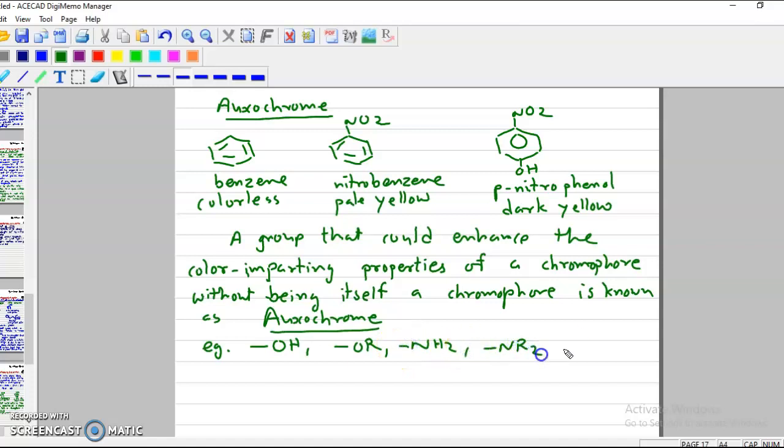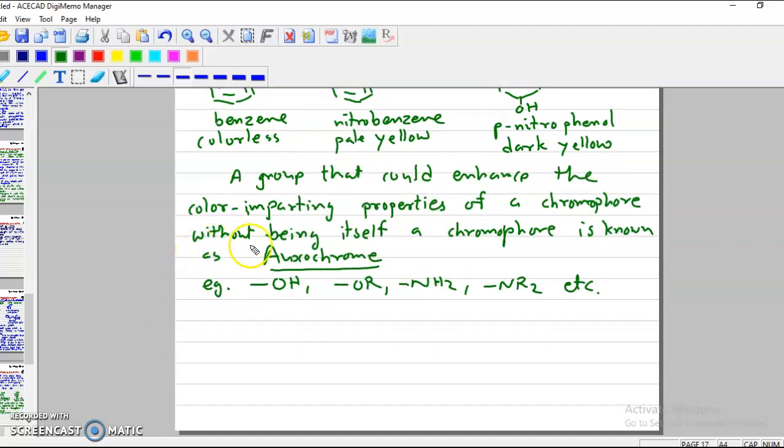You will see certain things in auxochromic groups, very important and different from others. You will find at least one lone pair of electrons. Okay. So what is the main criteria of these functional groups? First thing, all auxochromes are saturated functional groups.